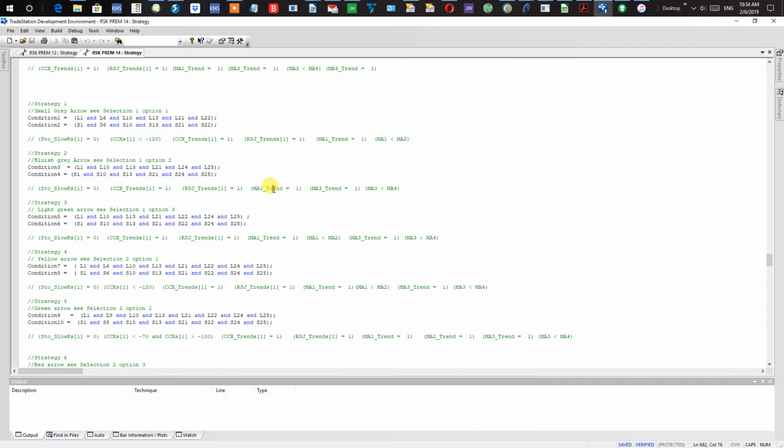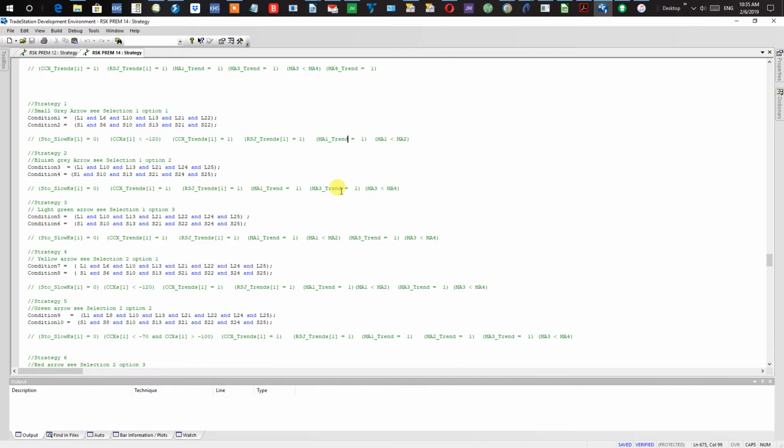We're looking at the MA1 having a negative trend for the short trade, but also the MA3, and you see that's not contained in this particular expression.